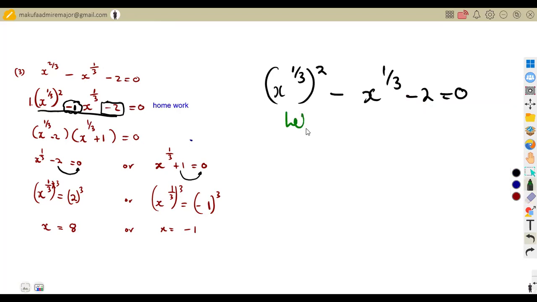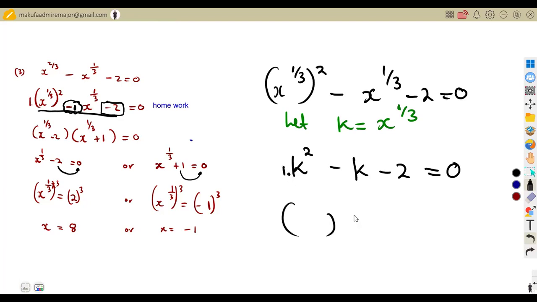Let k be equal to x to the exponent of a third. So that means in place of this, we're going to have a k, but being raised to the exponent of 2. So that's k squared minus k, minus a 2 is equal to 0. So you factorize just like the previous case where the coefficient of k squared is 1.